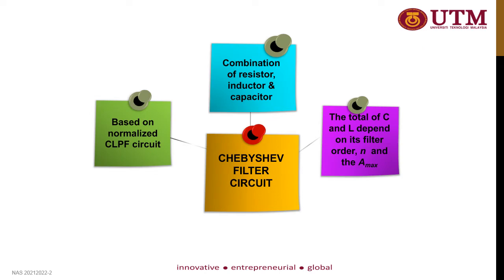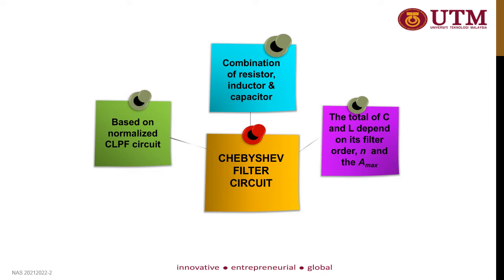Okay, after we have determined the normalized transfer function and the actual transfer function, the next step is to design the filter circuit for the respective filter. Depending on the question, whether the question asks you to design a filter circuit or just a transfer function.